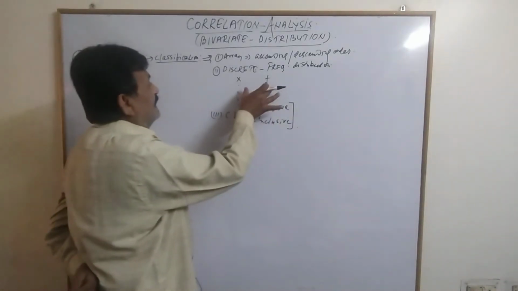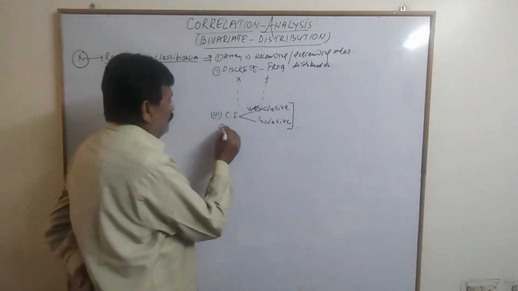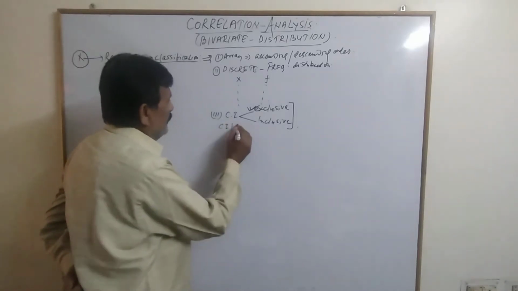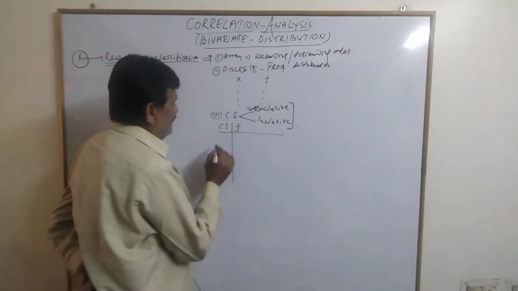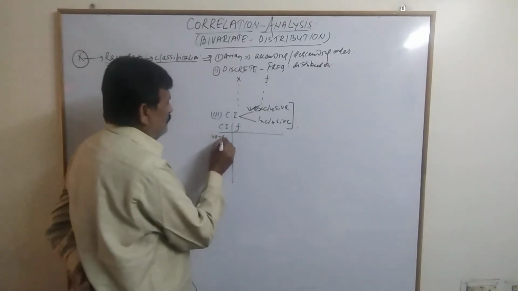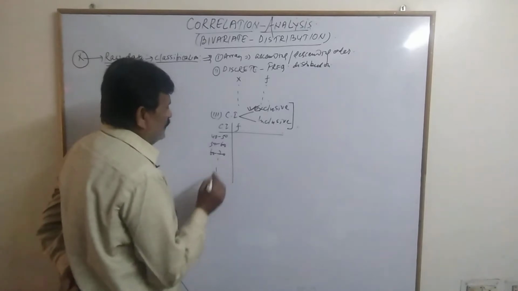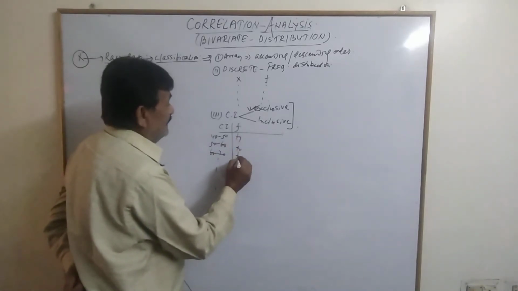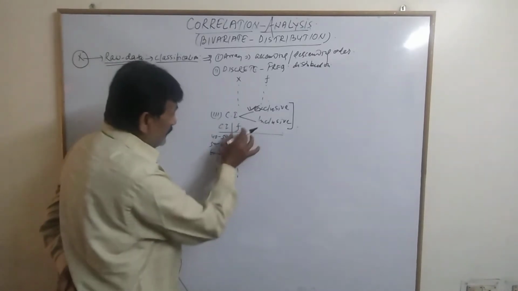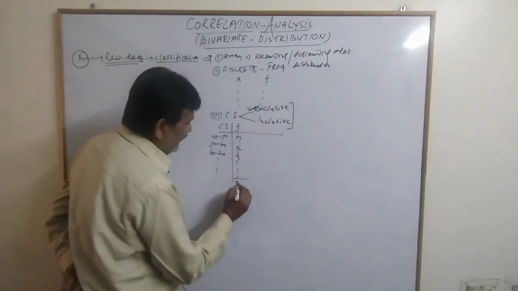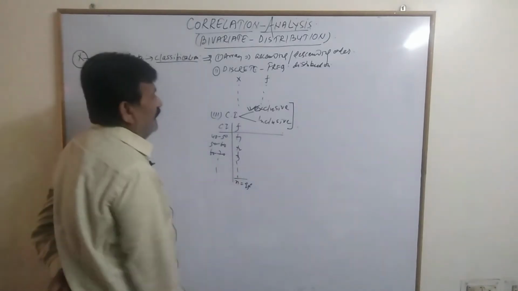Then the data comes in this way: class interval and frequency. Let the class interval start from 40 to 50, 50 to 60, 60 to 70, and so on. And here we have frequencies. Now the sum of this frequency table is n, that is summation f.